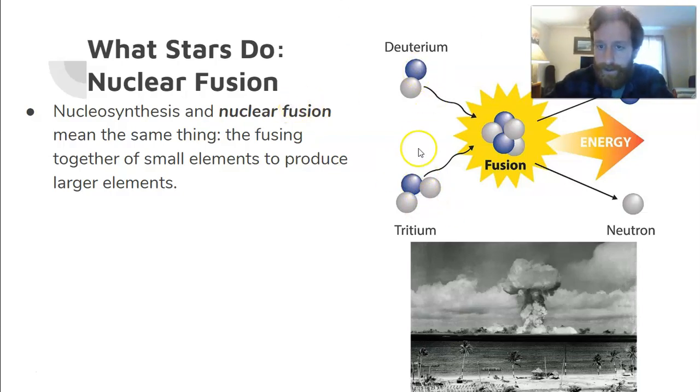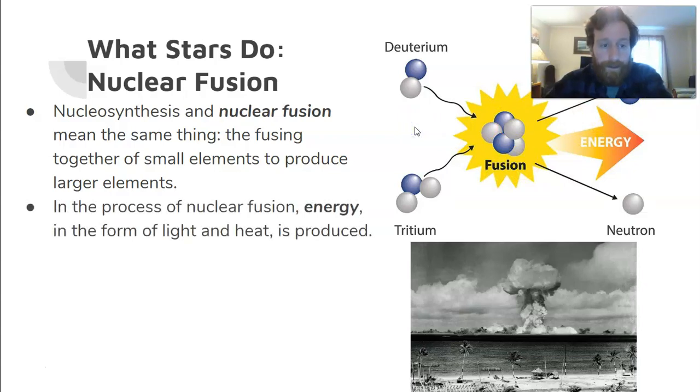So here's just another simple model of two isotopes, two types of hydrogen that come together in the process called fusion to produce a helium nucleus. But the other thing is, in the process of nuclear fusion, energy in the form of light and heat is also produced. So in this particular diagram, we see that arrow representing energy as a product of this reaction.